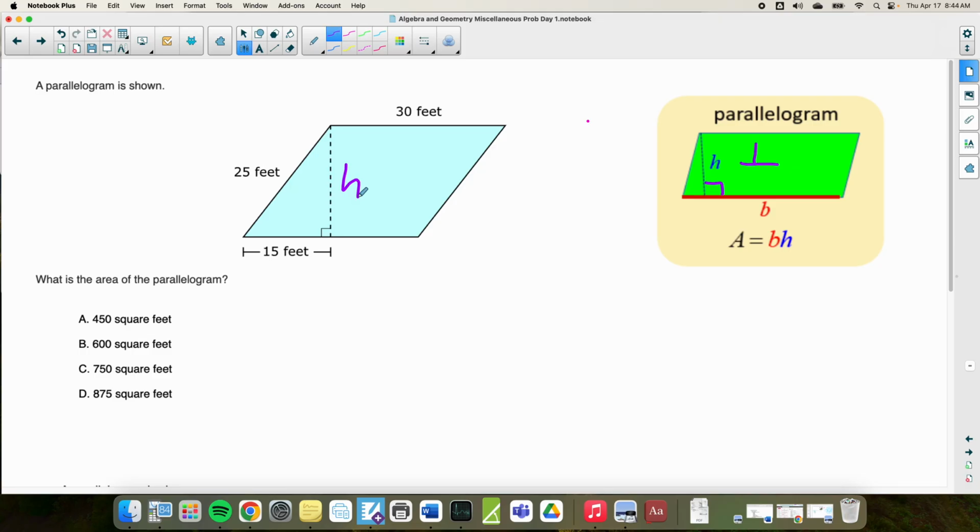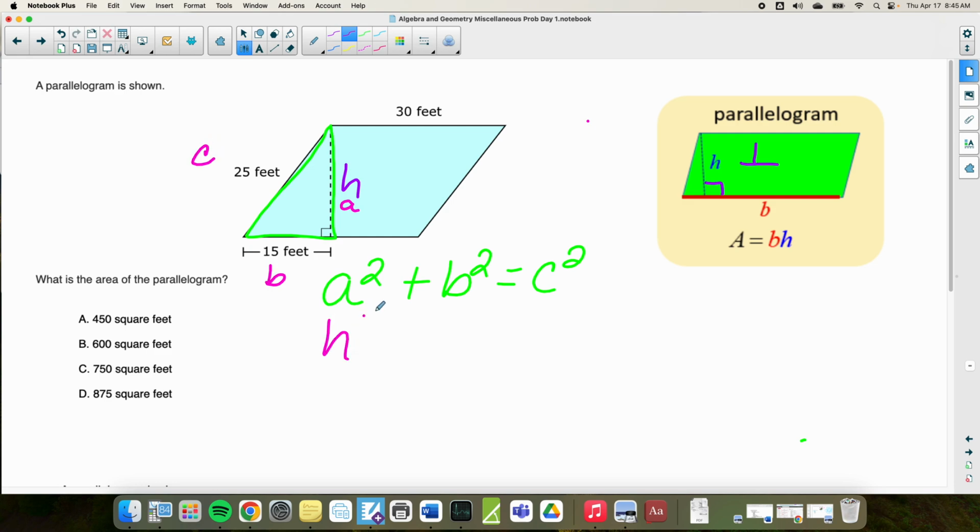Does anyone see how I could find the height? Pythagorean theorem, right? So what I have here is this right triangle, and if you recognize that, you probably don't, but this is a Pythagorean triple, but if you don't recognize that, you're just going to go a squared plus b squared equals c squared. I could say that a is my h, b is my 15, c has to be the one across from that.